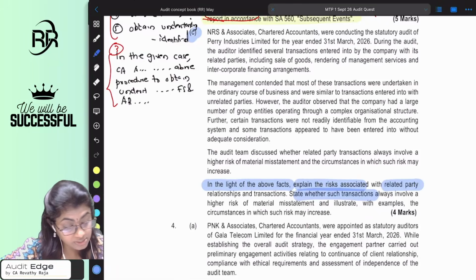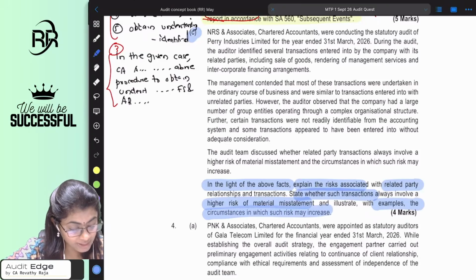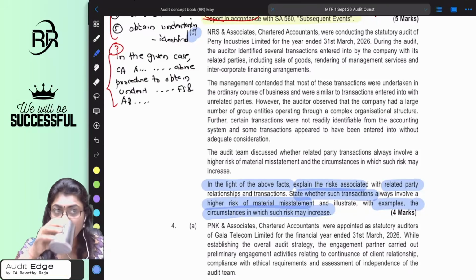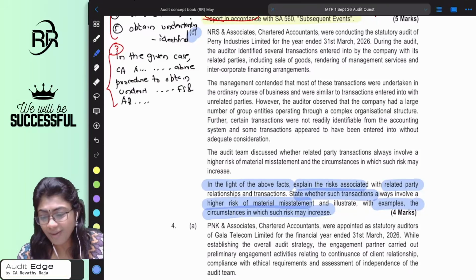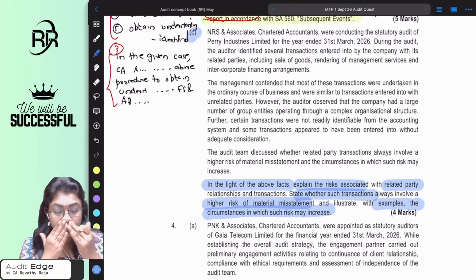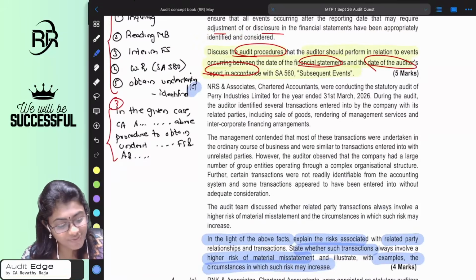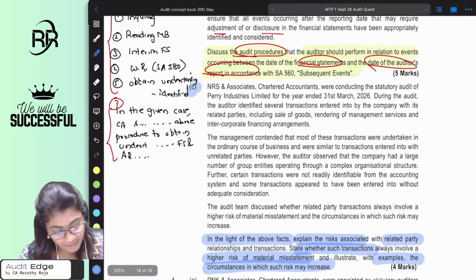State whether such transactions always involve high risk of material misstatement. Illustrate with examples circumstances when such risk may increase. Related party, right? Which is SA 550. Rarely we get questions in 550, guys.